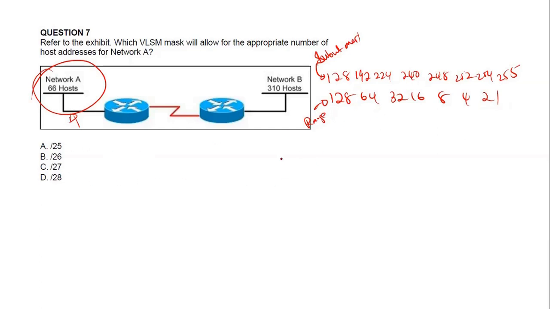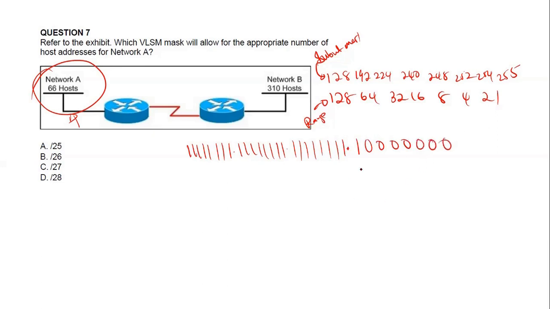So a /25 just means counting 1, 2, 3, 4, 5, 6, 7, 8, 1, 2, 3, up to 32. So this is a /25, which is here, 128, and it gives us a range of 128.